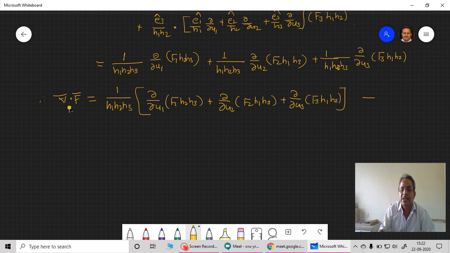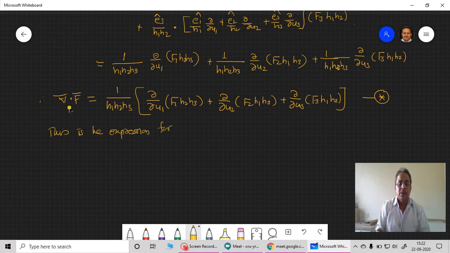Okay, and this is my derivation, which gives me the divergence of the vector point function in curvilinear coordinates.